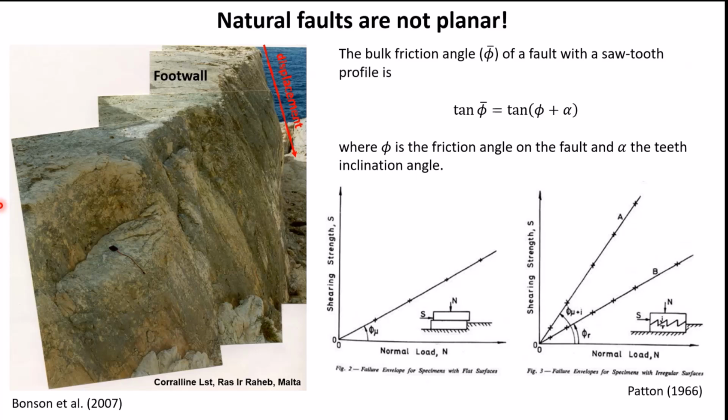And all of you, I'm sure, have heard of Patton's slip criteria, where Patton assumed you have a sawtooth profile with periodic teeth, and then you can work out the effective or the bulk friction angle of such a fracture geometry, and it's simply the friction angle on that plane plus the inclination angle. It's a very simple relationship.